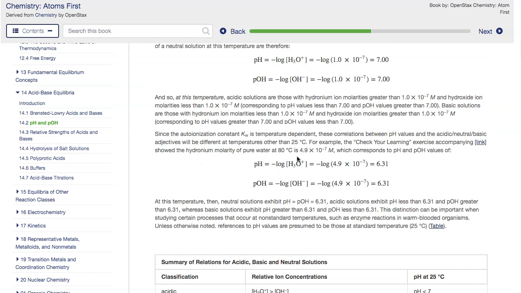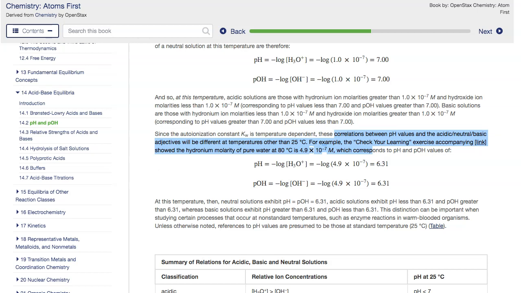Okay, so it's talking about the Kw, and it says the pH, negative log H3O plus, is 6.31 as the neutral point at 80 degrees Celsius. So this is an example where they say, what if we had water at 80 degrees Celsius? Okay, and then they talk about the different values associated there versus at 25 degrees Celsius.